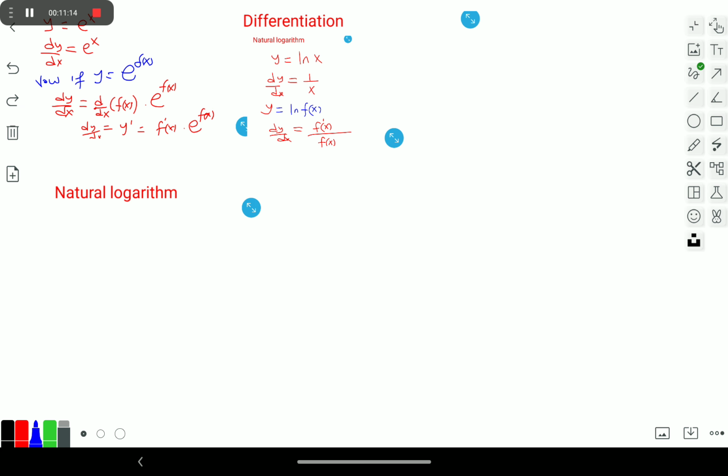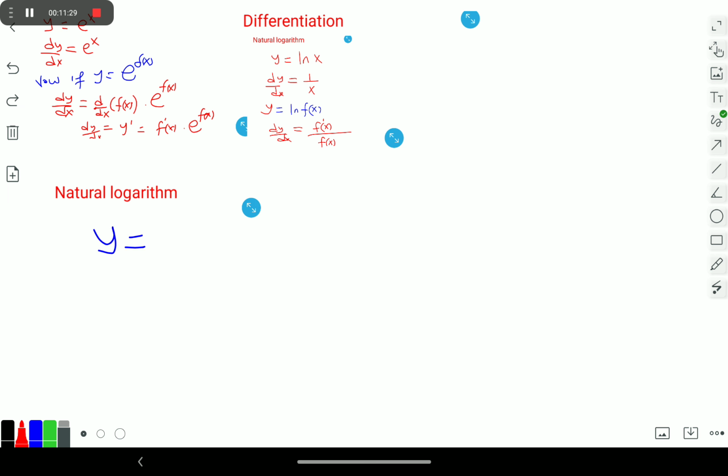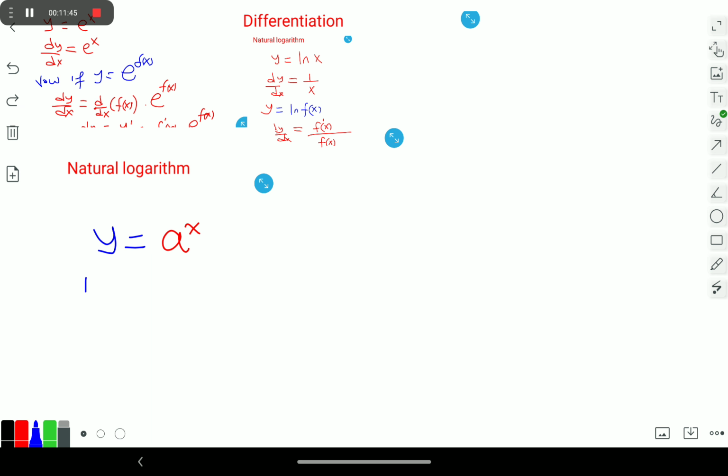Now, we also have other functions that result into natural logarithm. For example, if you have y is equal to a power x, to differentiate it we always introduce the natural logarithm.